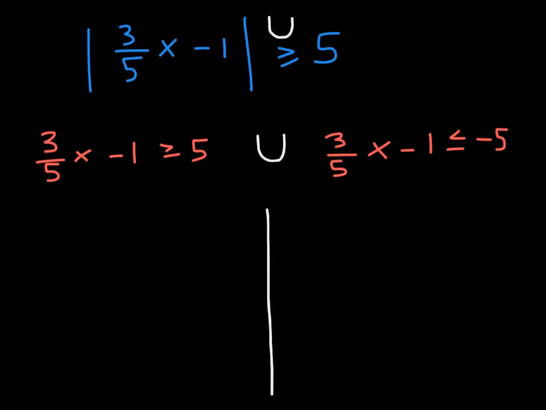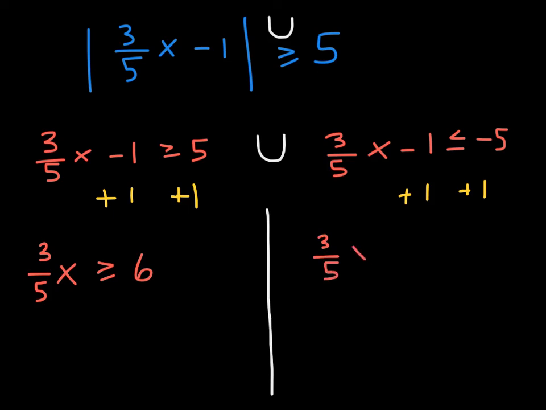On the left-hand side, what I'll do is add 1 to both sides. Same thing over here. That'll lead me to 3/5 x is greater than or equal to 6. Over here, 3/5 x is less than or equal to negative 4.